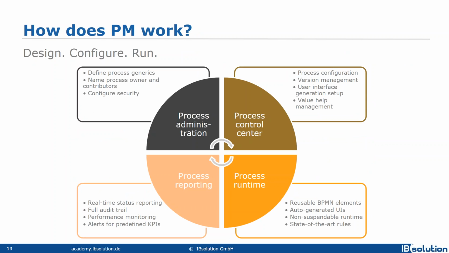How does it work? Basically, there are three things that have to be done. There is a design phase, a configure phase, and a run phase. It's that simple. There's only three phases. And of course, the design phase would be something that happens outside of the persistence manager. So you have to design the process, the steps, how it's going, the business process diagram, how it's going to look like, where are the different steps, which approvals are happening in parallel or sequential.